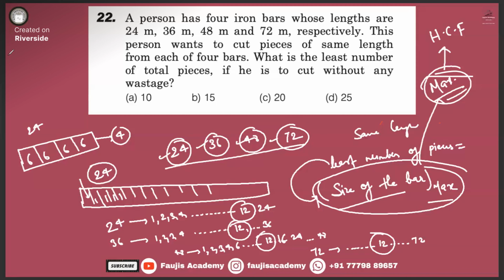Now tell me, from bar A, the size is 24. We are cutting it for the size of 12 units. How many pieces will we have? Switch on your mic and speak. Nobody will answer in the chat.